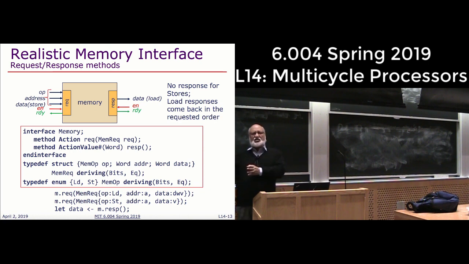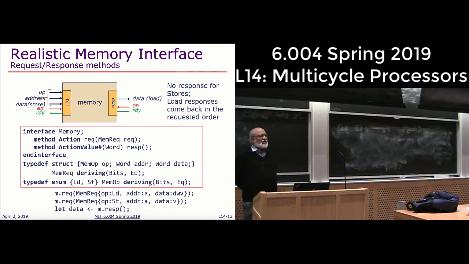And if it's a store operation, it also has to have data in it. If it's a load operation, then the data field is meaningless here, but it will return the data, which we can check through this. So this is how you will see it.